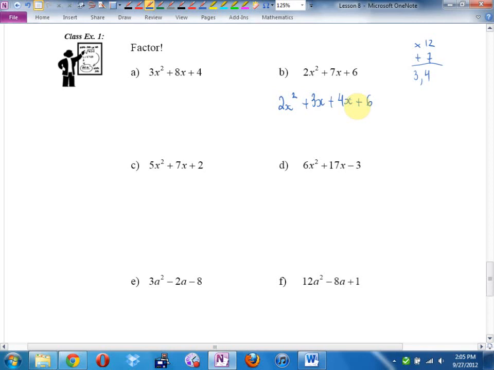Grouping. GCF out of the first two, Nathan. There is one. I heard someone say it. Did you hear it? X. Right? And that's going to leave me with a 2x and a positive 3. Nathan, GCF out of the last two.